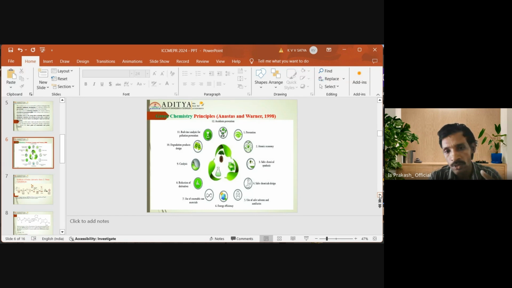These are the total principles related to green chemistry, which apply in the medicinal and pharmaceutical fields, as well as in synthetic chemistry.